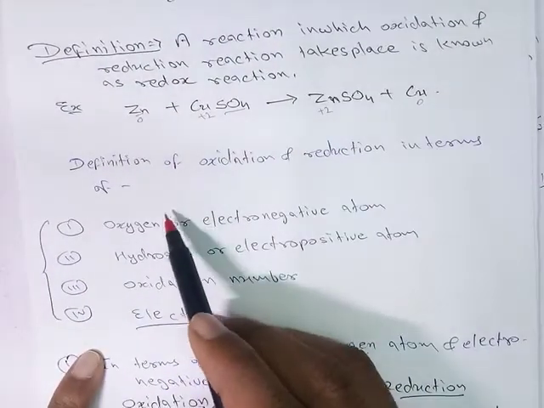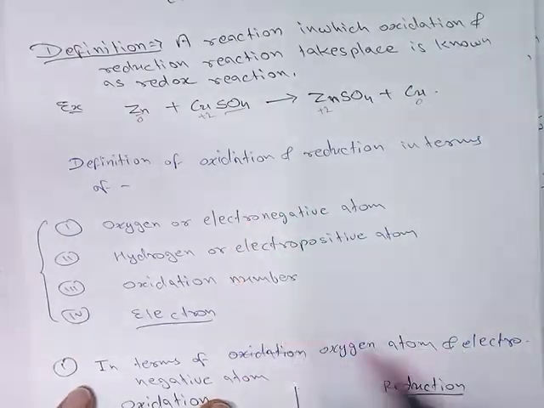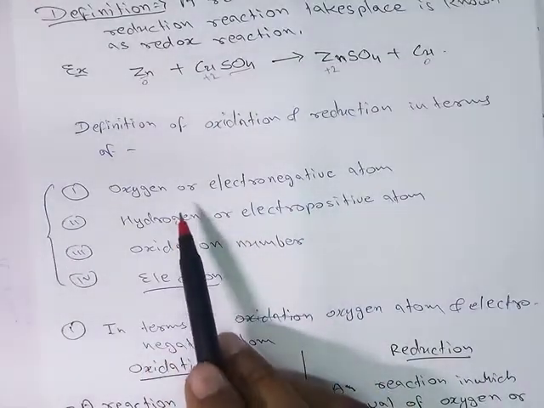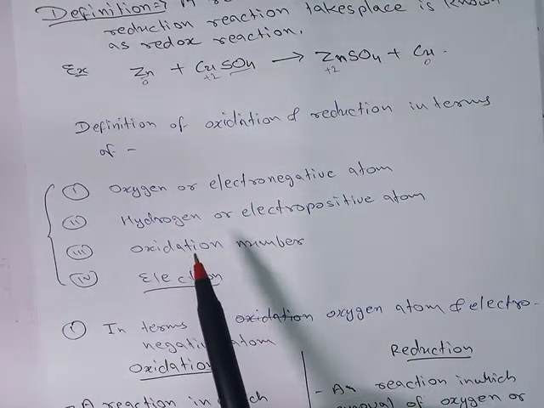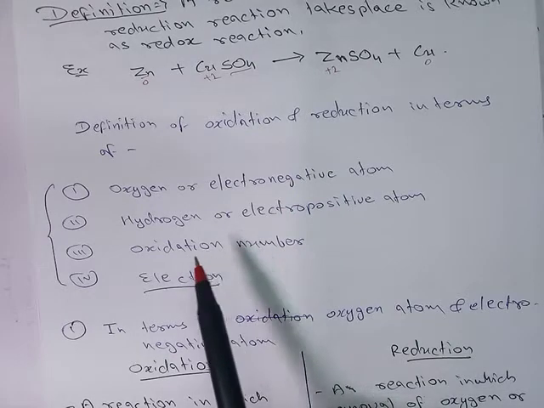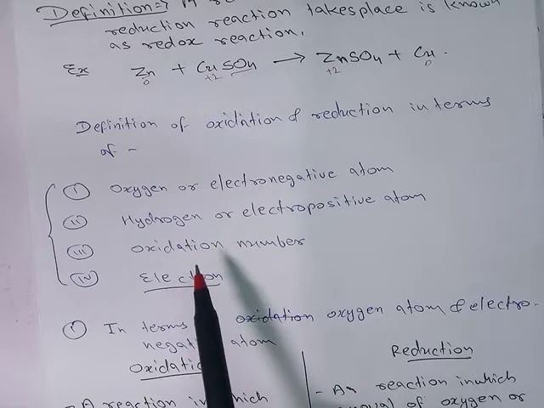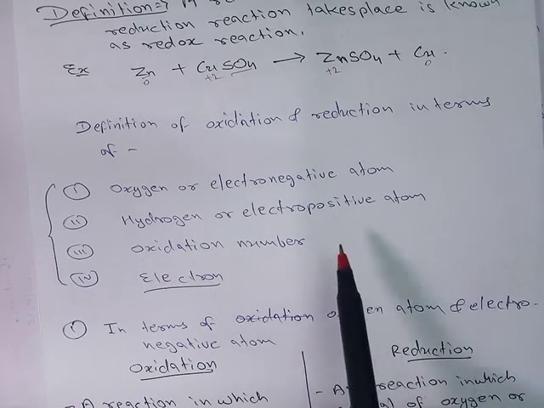Here are the definitions of oxidation and reduction. The first is in terms of oxygen or electronegative atom or element. The second definition is in terms of hydrogen, or we can say electropositive atom, in case of non-metal.